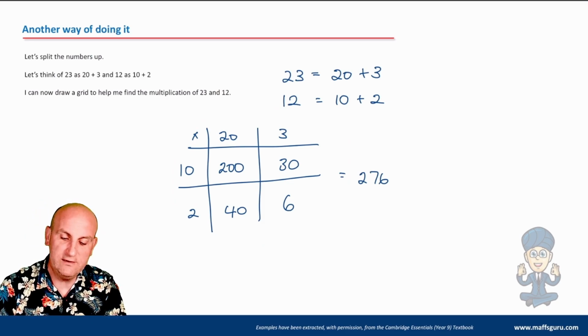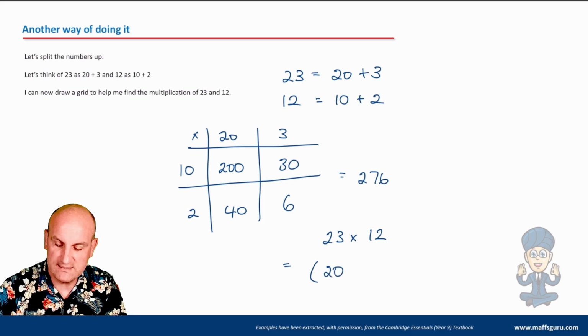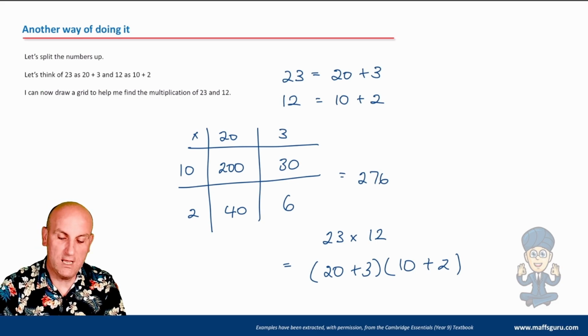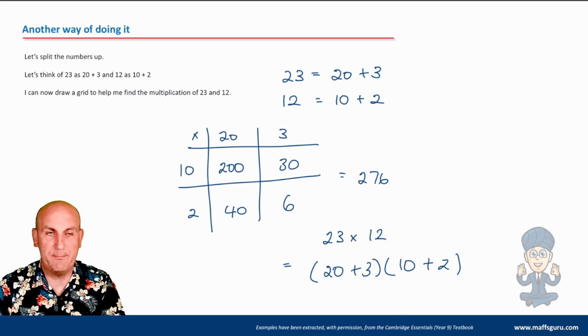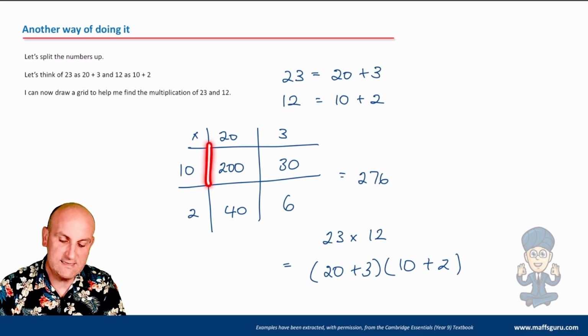Because what I'm really doing here, when I'm doing 23 times 12, is I'm doing 20 plus 3 times 10 plus 2. They're just split up in a slightly different way. 23, 20 plus 3, 12, 10 plus 2, and I'm timesing them together. But look what happened. We did 20 times 10.